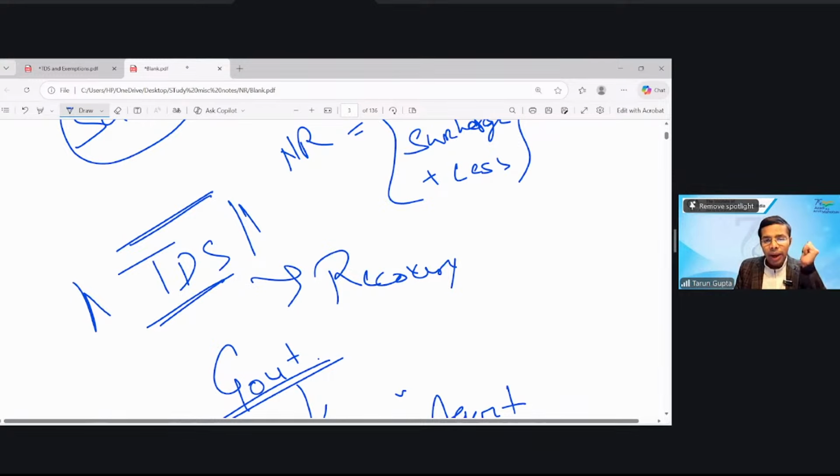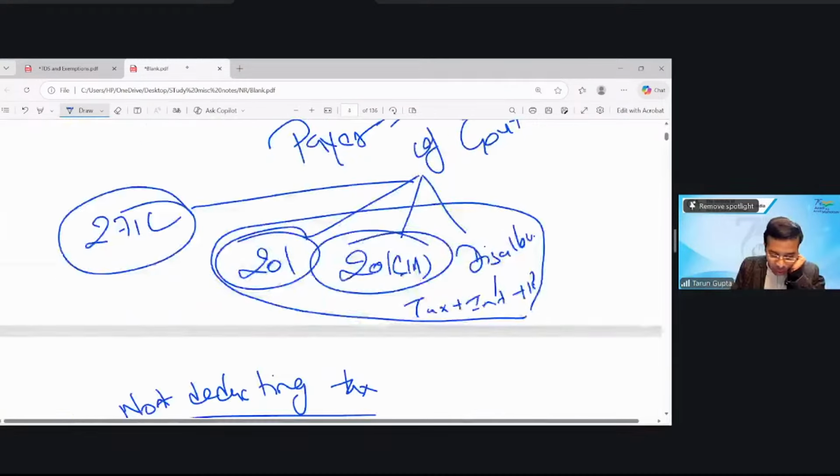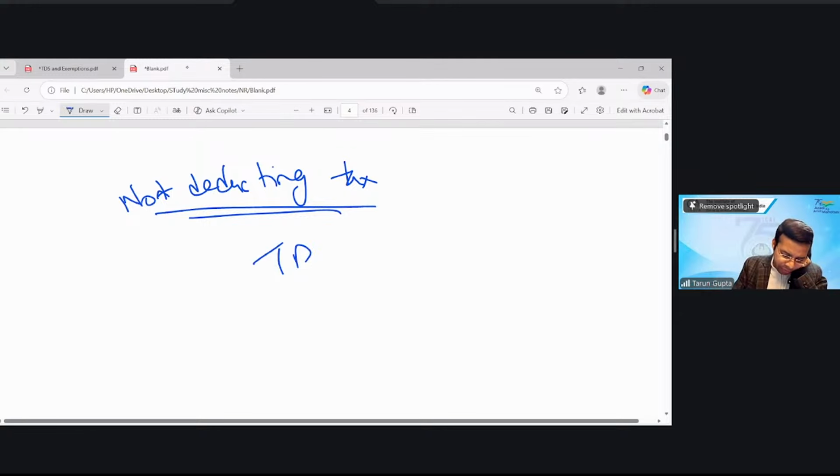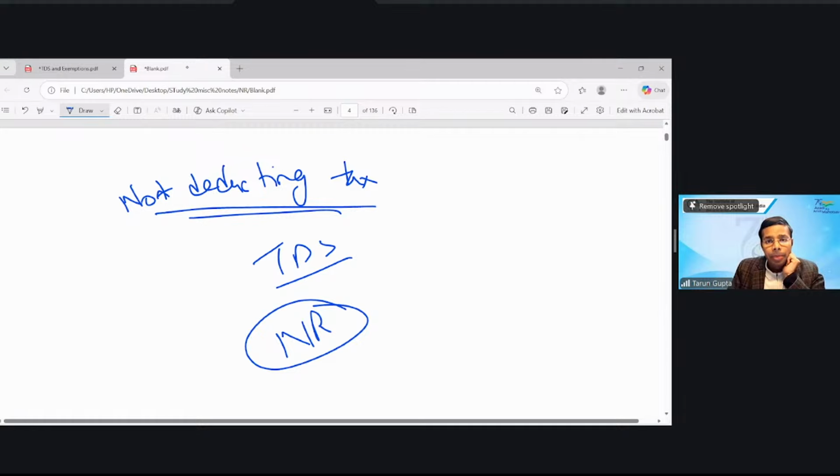So the government has actually cast its own responsibility on me through TDS and has provided a lot of penal consequences. Now what happens is that whenever I make a payment to an NR, I fear a lot, because if in future it is held that such payment was taxable in the hands of the NR, then you will hold my neck as you did in the case of Vodafone.